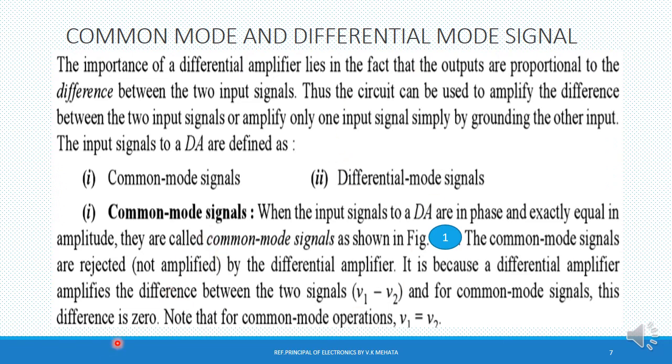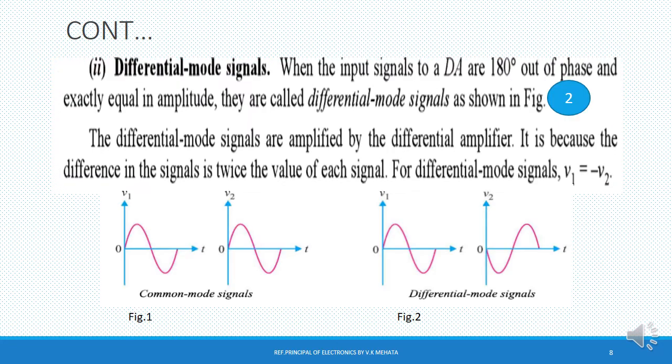Okay, let us hope all of you understood this one. Now I will show you the signals for the common mode. What I told here, you see this is your V1 and this is your V2. The V1 signal is of the same phase.